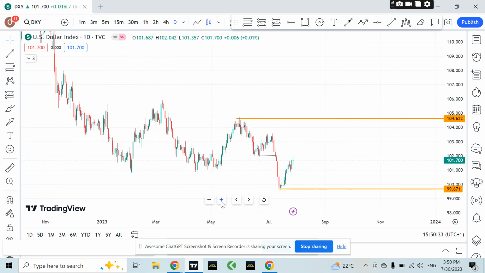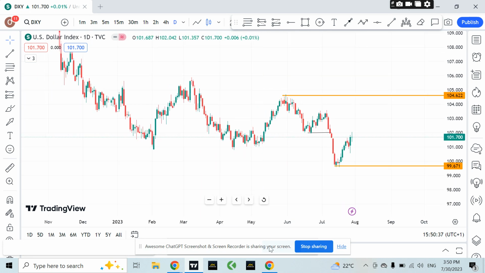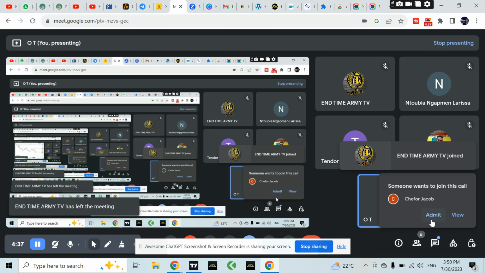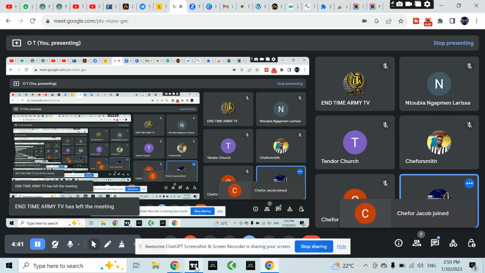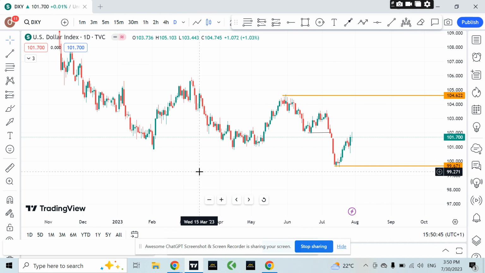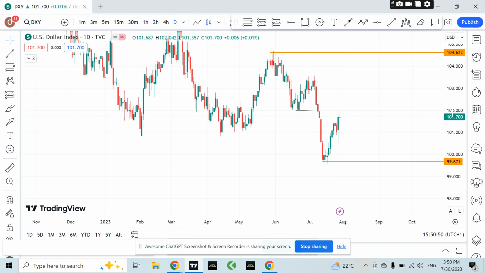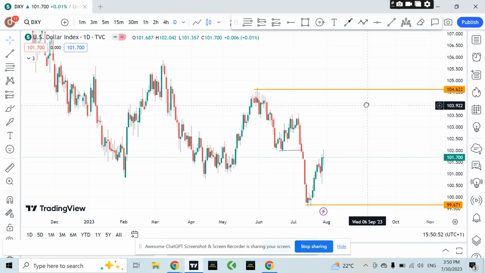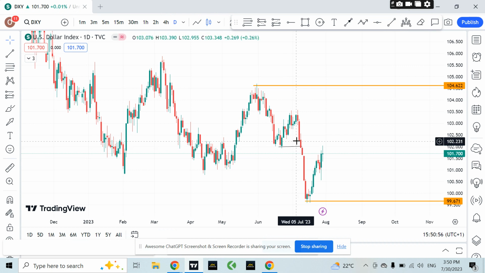Let me try to expand a little bit so that it can be clear. Looking at this region, having a break of structure here tells me that this is actually a supply zone.